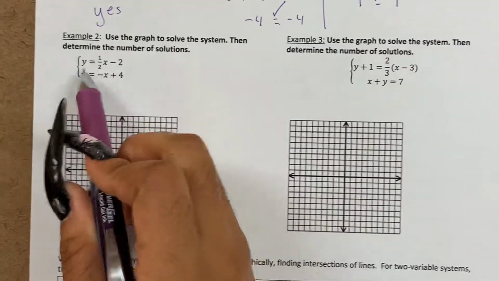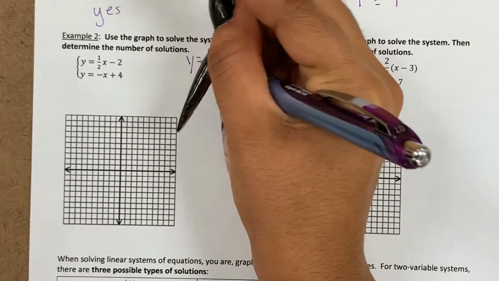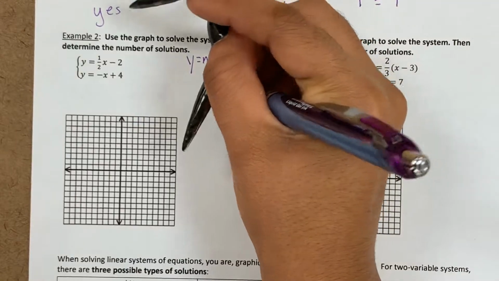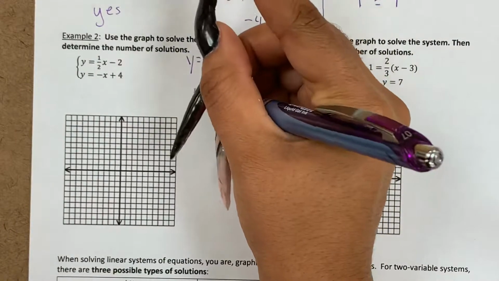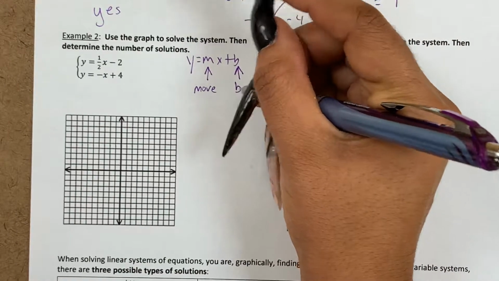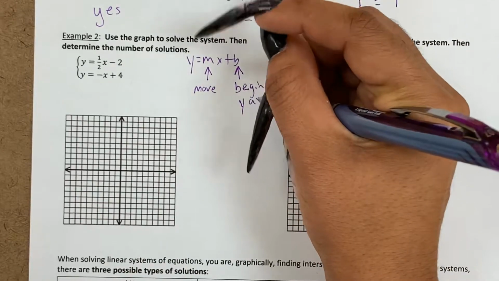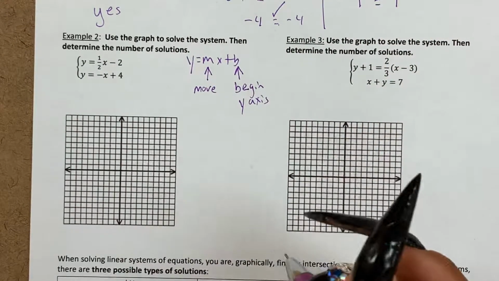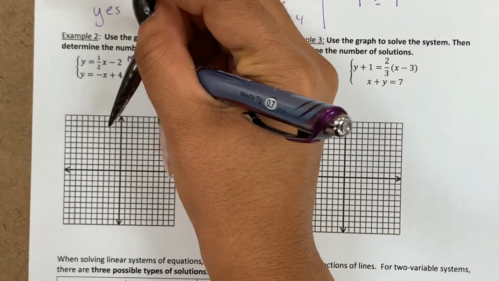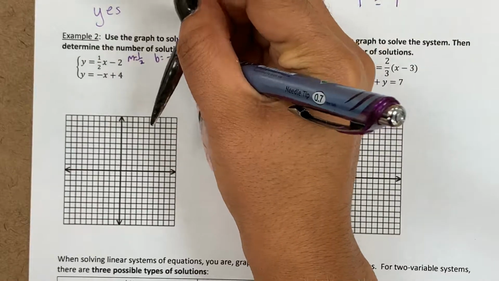Okay, graphs. We are going to graph these. Remember, the equation needs to be in y equals mx plus b, where m, that's your slope, that's how you move, and b, that's your y-intercept, that's where you begin. And you always begin on the y-axis. So for this one, your m is 1/2, and your b is negative 2.